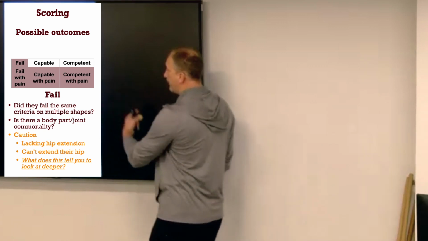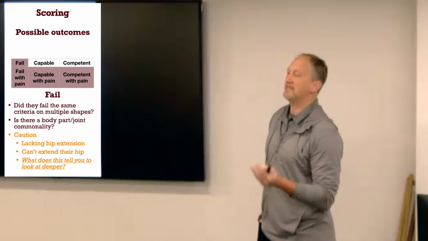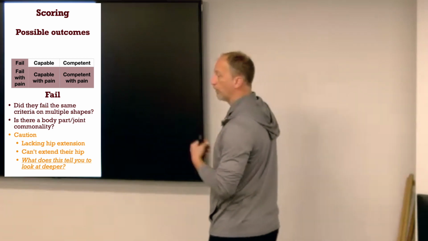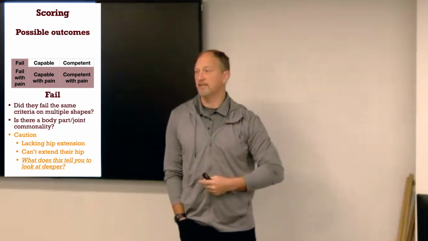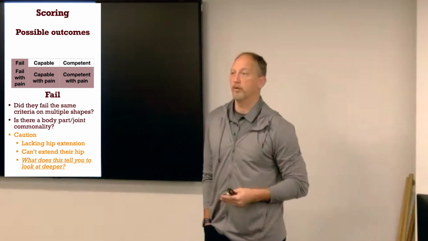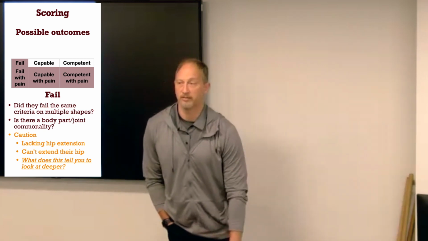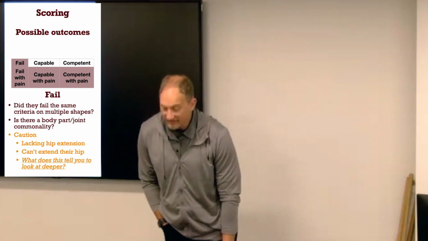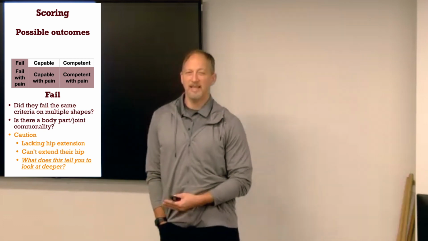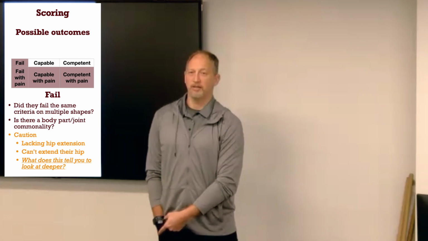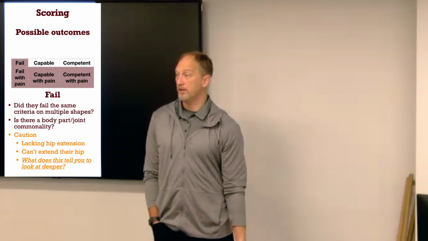If somebody fails, now we start thinking about what happens moving forward. As soon as I see somebody fail a shape or miss a criteria, that kind of turns on my spidey senses. If I see somebody and the reason they fail is because they have valgus on one knee, this is their standing. If I see this, do you think I'm probably going to be paying attention to what their knee's doing when we get to bottom of deadlift or bottom of lunge or crouching jack?